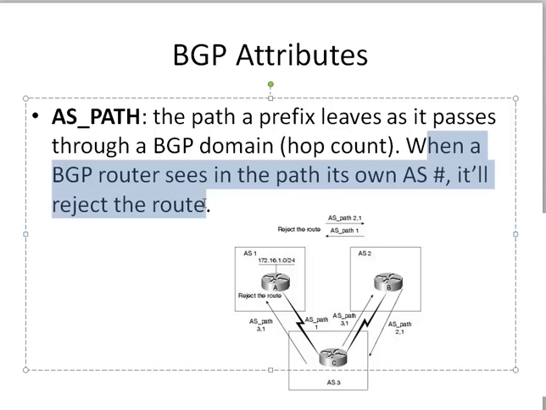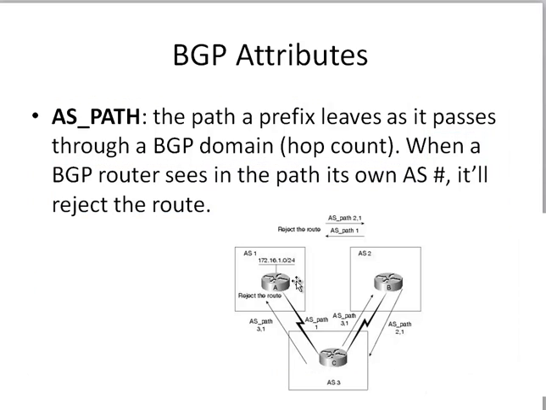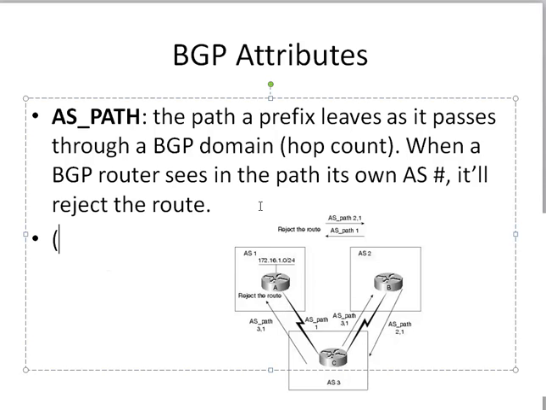It'll reject the route. So if I have a route that was advertised from AS1, goes to AS2, goes to AS3, and comes back to AS1, it's going to reject that route. Generally the path will be 1, 2, 3, 1.